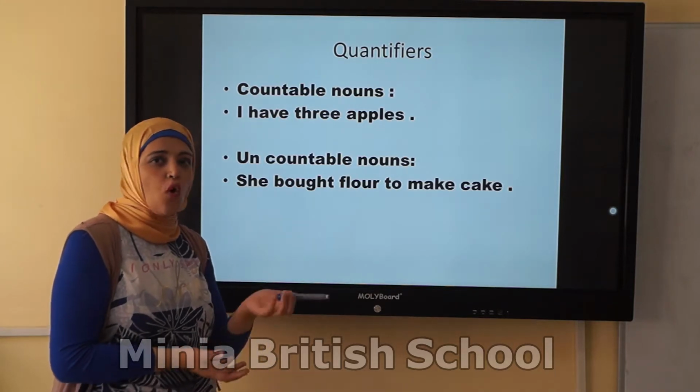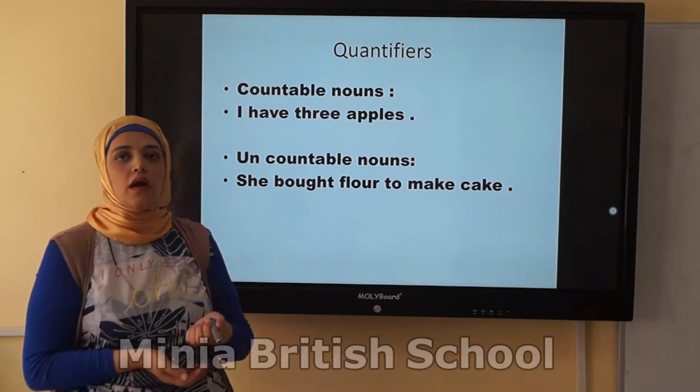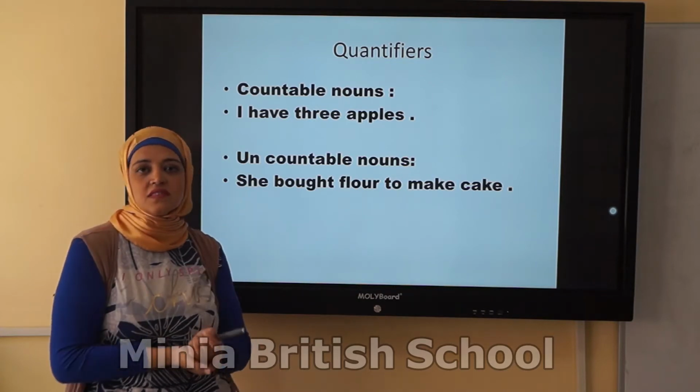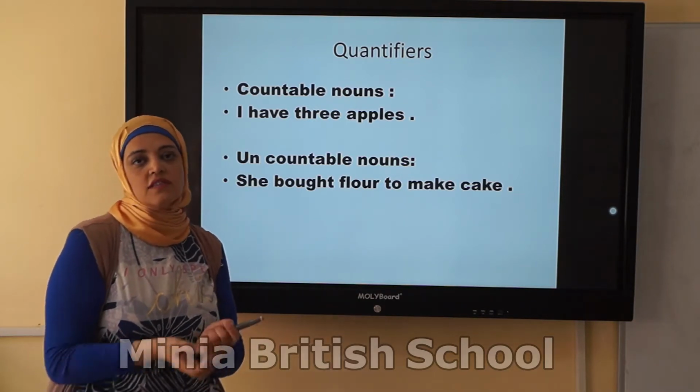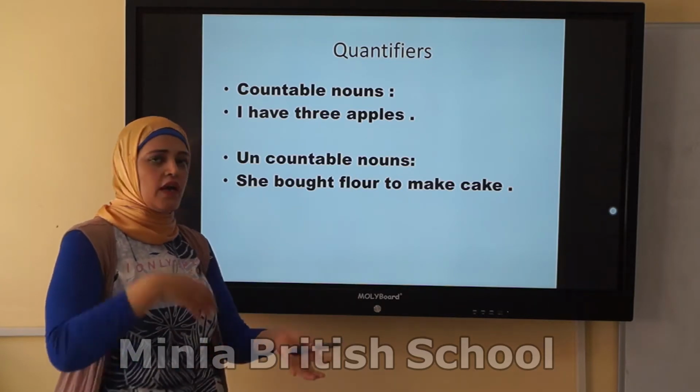Also, when I say salt, pepper, what else? These are things I cannot count. I cannot have a singular thing of it. I cannot say one flour and two flours.